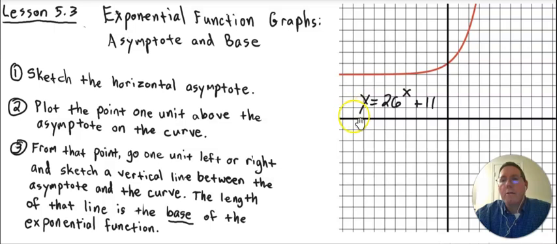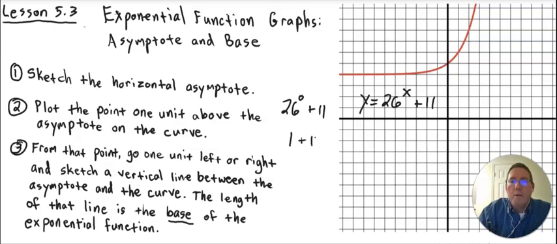So what's happening here is, just like any function, we have a y and we have an x. We have two variables. And that's why we have a curve, because we have an infinite number of solutions. We say if x equals this, then y is equal to that. Now, it's important to understand, though we're not going to get into this right now, that if I did 26 to the 0 power and then added 11, 26 to the 0 power is equal to 1.